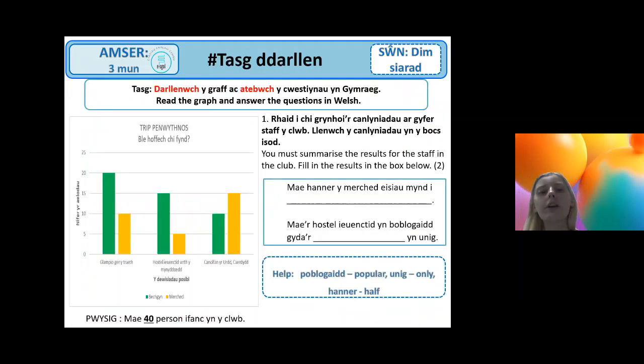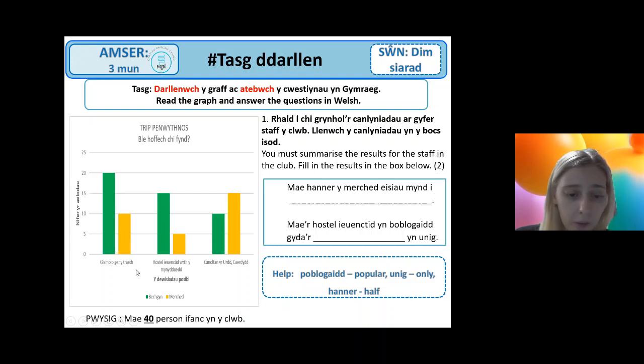Okay, so here we are now moving on to a reading task, which could come up in your reading and writing exams, okay? So they've given you a graph, which we've gone through already. So remember, they are asking where would they like to go on holidays or on the weekend, and they have 40 people, 40 young people in the club.